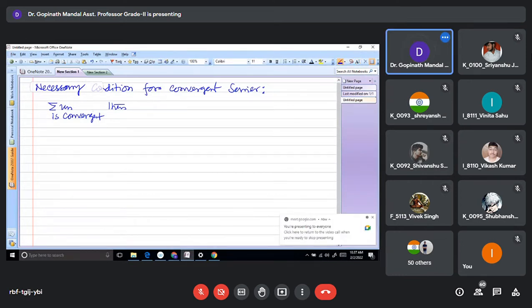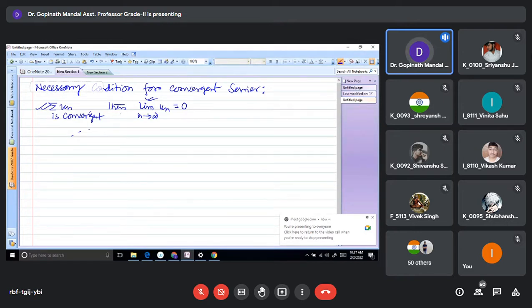So if Σun is convergent, then limit n tending to infinity un must be equal to 0. So what is the necessary condition? If Σun is convergent, then we can say that limit n tending to infinity un equals 0.